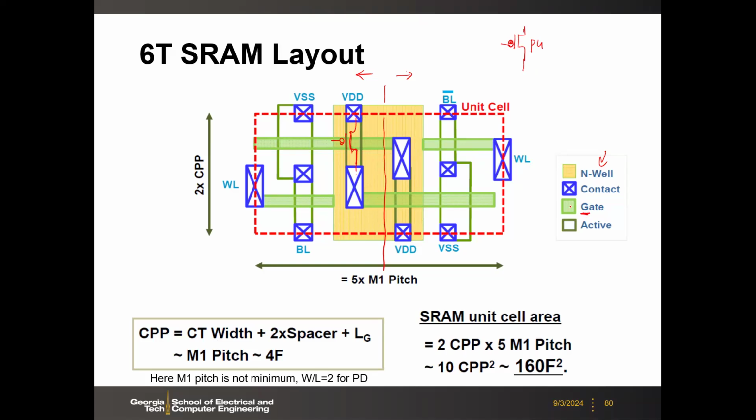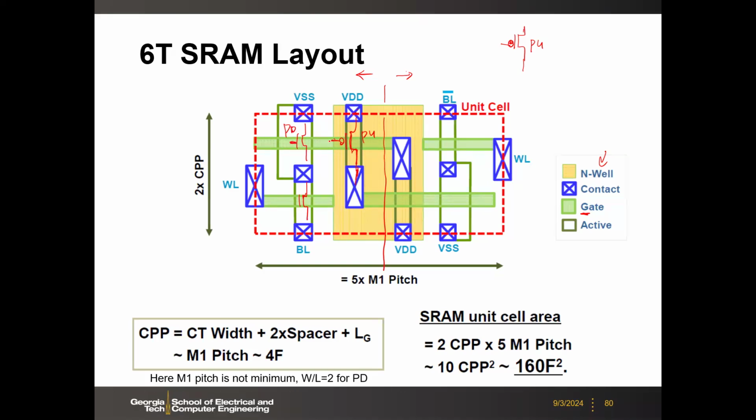So here it says gate. This green one is a gate metal, or maybe in this case it's polysilicon. Here you have this contact with the VDD, and if this is a pull up, then where is the pull down or pass gate? Here you have 2 more transistors. My question is, which is pull down, which is pass gate? Pass gate is bottom, okay. Then this is pull down. Why is this pull down?